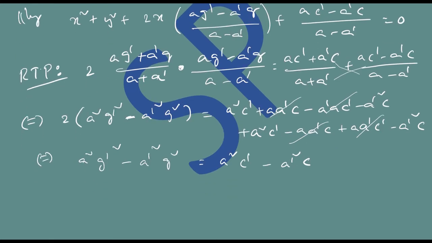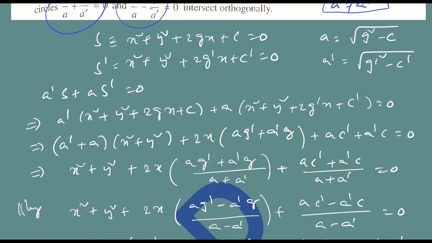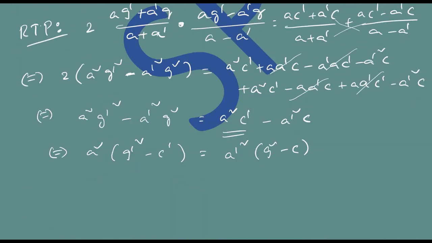I cancel 2 on both the sides. This is if and only if, writing a squares on one side and a dash squares on the other side, a square into (g dash square minus c dash) is equal to a dash square into (g square minus c). But observe that g square minus c is nothing but a square, and g dash square minus c dash is a dash square.